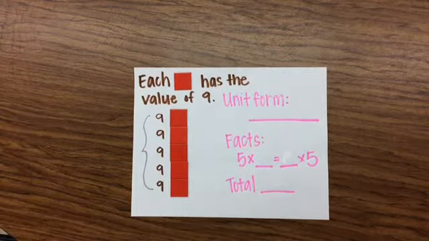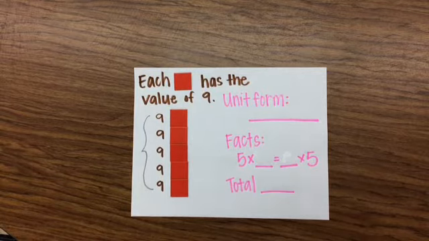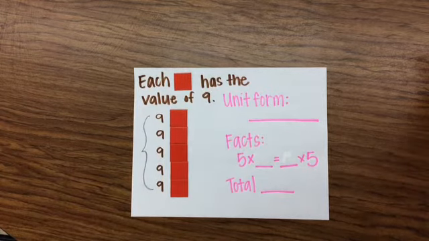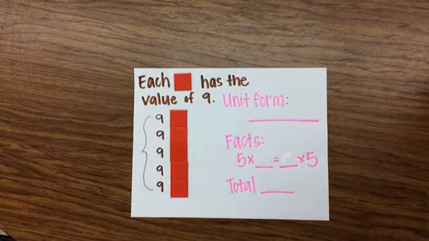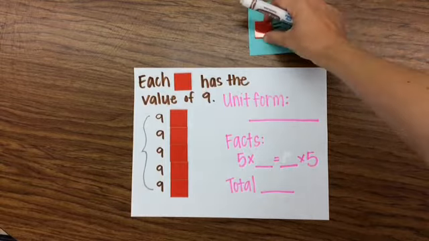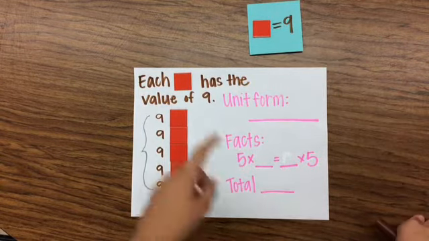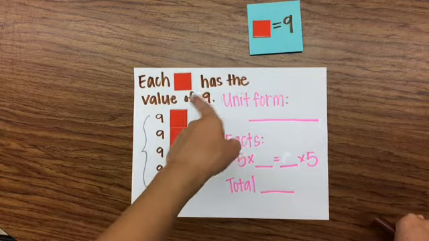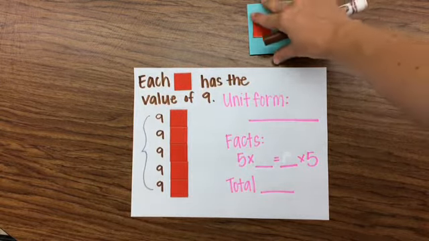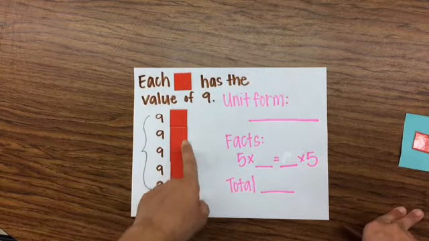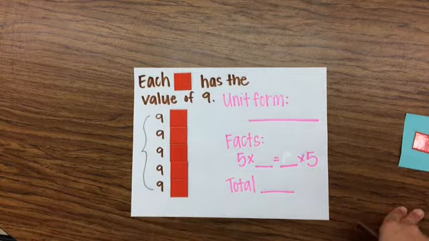Okay, so let's take a look at our first problem and go over what exactly we're looking at here. As I said when I was describing unit form, each block here in this picture, here's one block or one square, each square equals 9. That's what it means when it says each square has the value of 9. So this square is 9, this square is 9, 9, 9, 9.